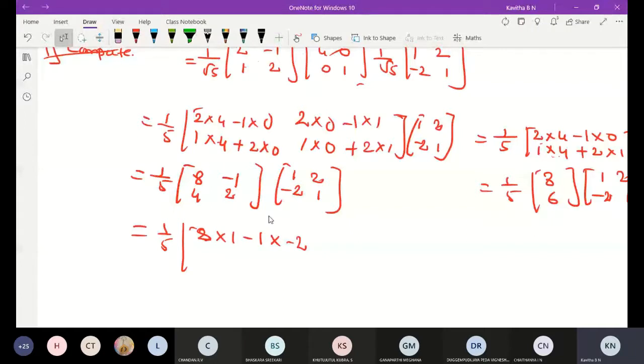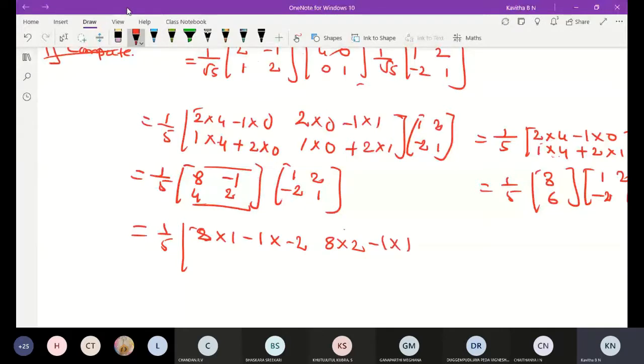Next is minus 1 into 1 plus 4 into 2, 8 into 2, minus 1 into 1, okay.